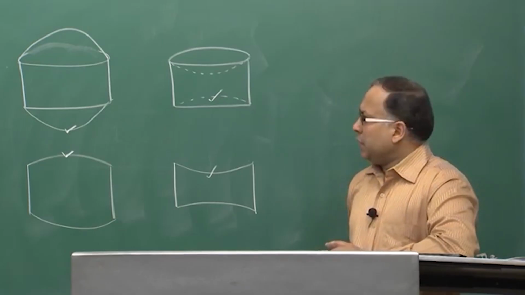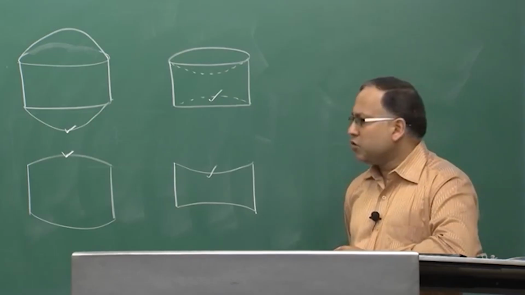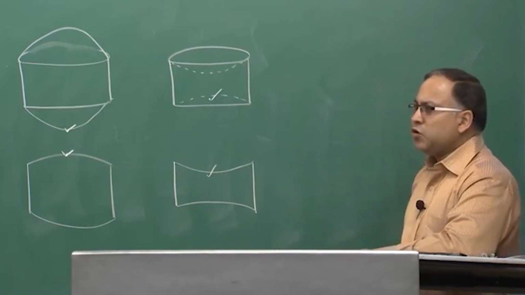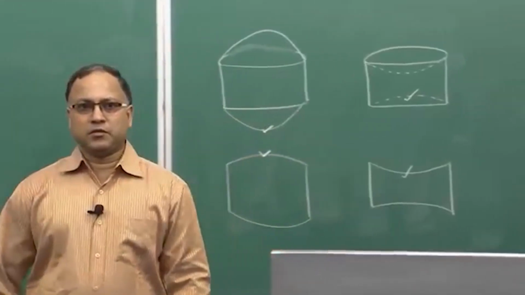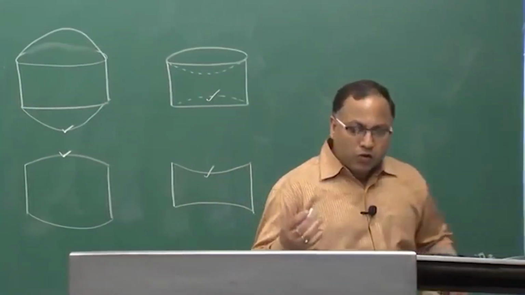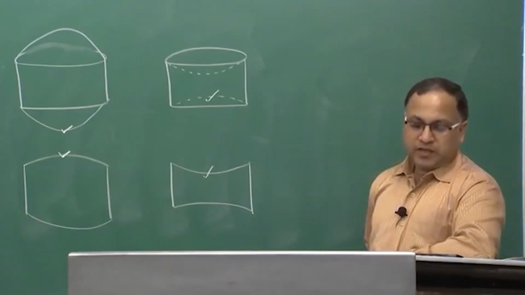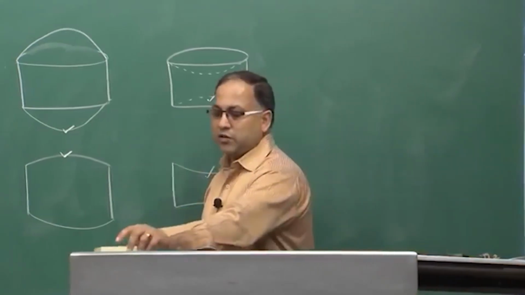So, if you get this kind of configuration after deformation, after the application of the twisting moment, then your geometric compatibility is not getting satisfied. So, to satisfy this, we can conclude that when a circular shaft is twisted, its cross section must remain plane. So, what we can conclude?